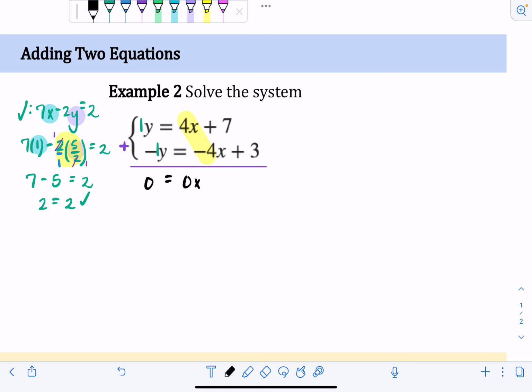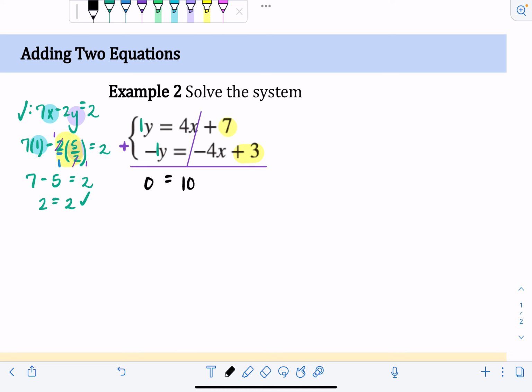And then over here, 4x plus negative 4x, that's 0x, because 4 plus negative 4 is 0. But it's just 0, so we can just cross them off. It just kind of wipes itself out. Kind of like if you were using inverse operations, a positive 4 and a negative 4 added together would be nothing. And then over here, 7 plus 3 is 10.